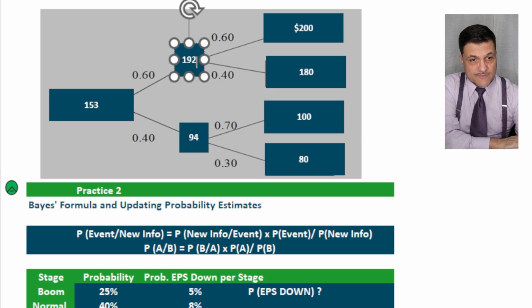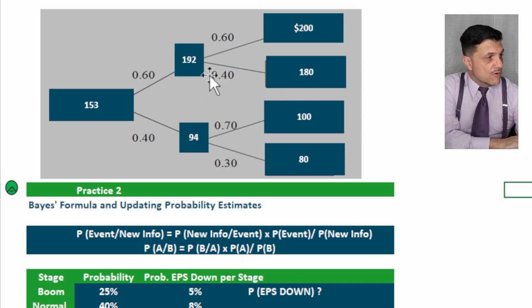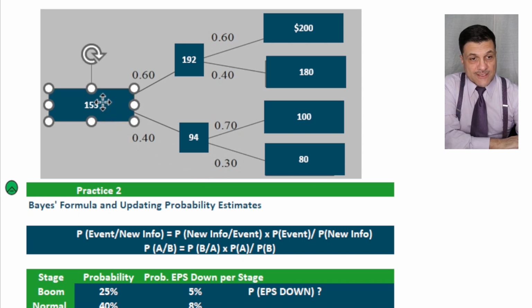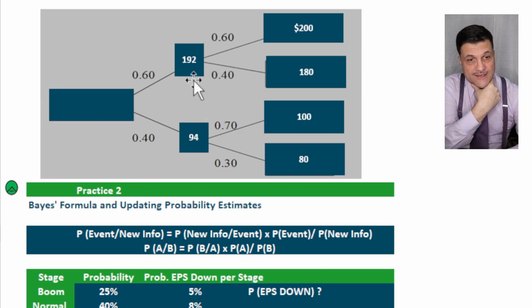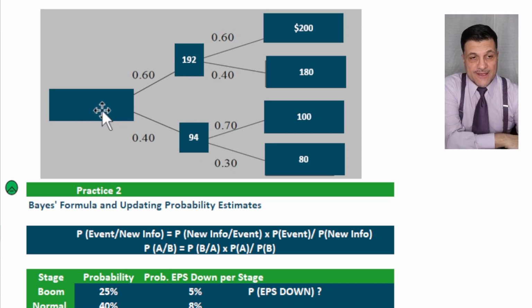So here we got 192 and 94. Great. Then, again, you repeat the process here. And then 192 and the 94, you have to average those 2 numbers to put in this rectangle answer here. So this has probability of 60% of happening, and the 94 has a probability of 40% of happening.